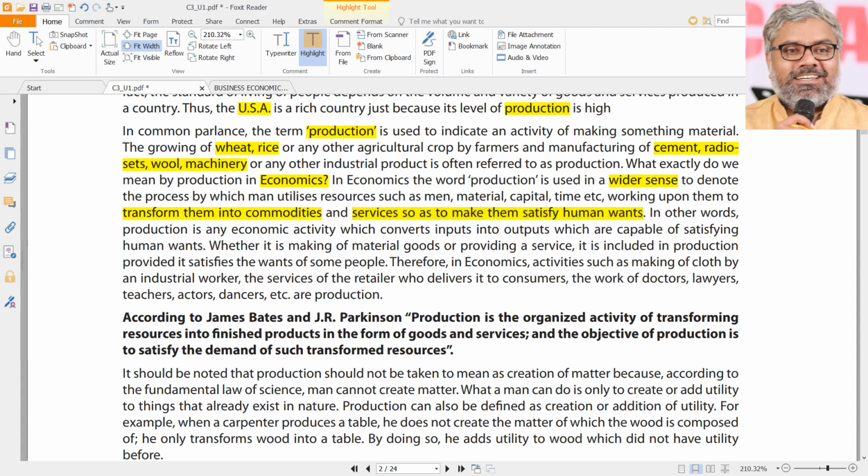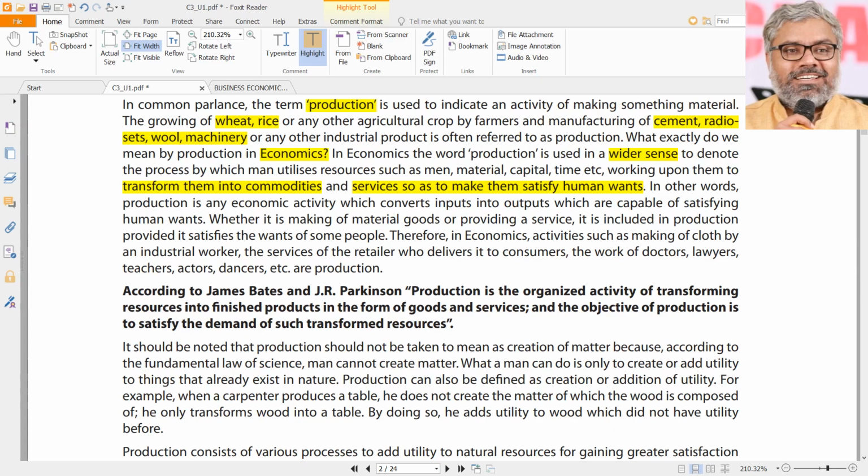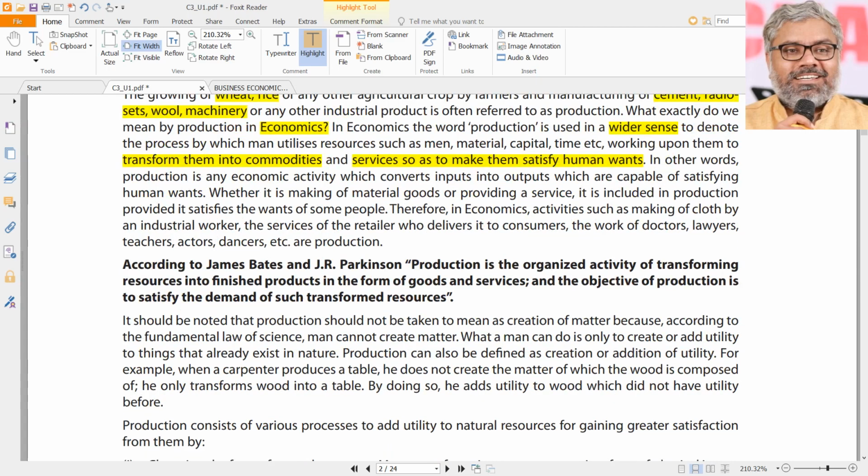Both of them are considered as production. To sum it up simply, the process of transforming certain things into better things or sellable things as commodities, or the process of providing services so as to satisfy human wants, is what is called production. Simply, that which converts inputs into outputs, or which is capable of satisfying human wants, is what we can call production. So that is an economic activity, which converts inputs into output.